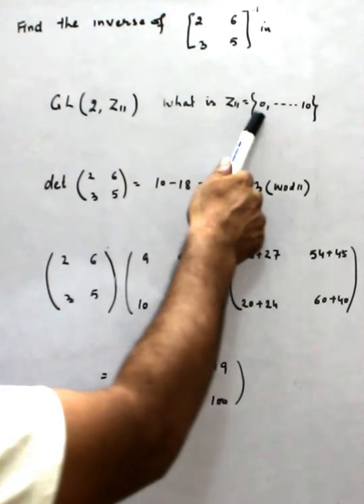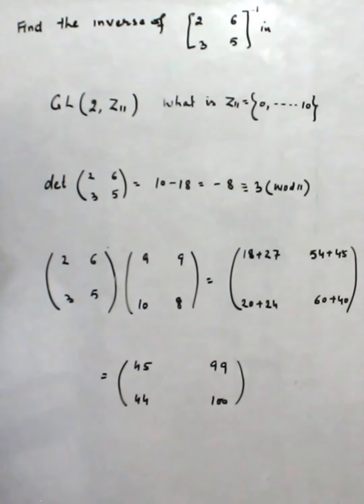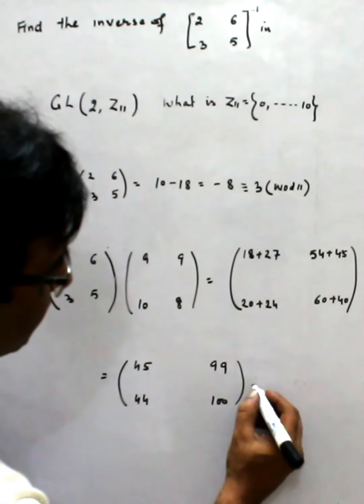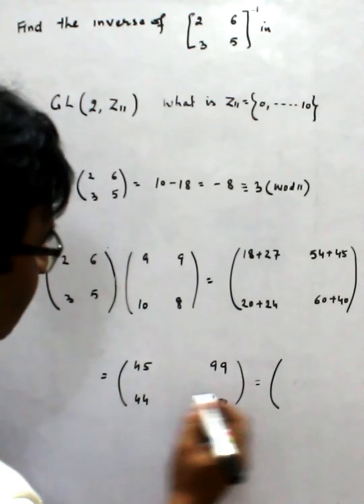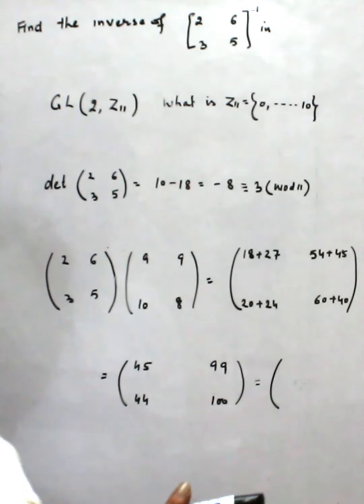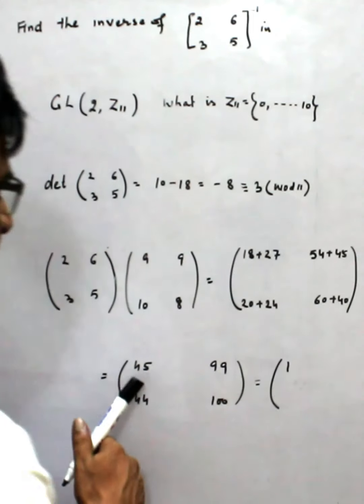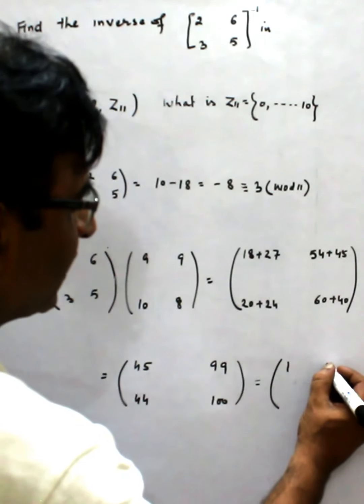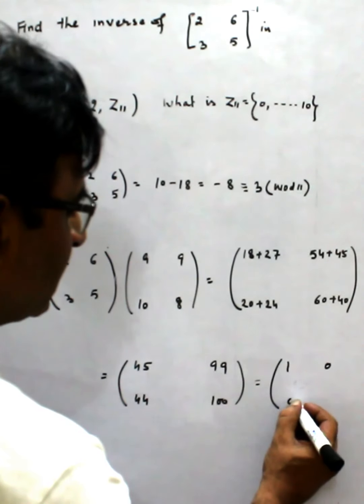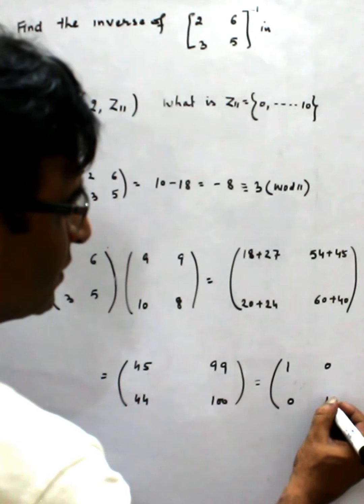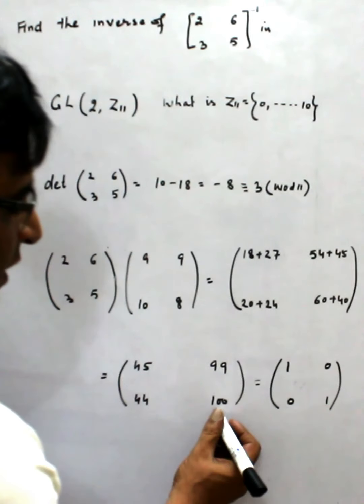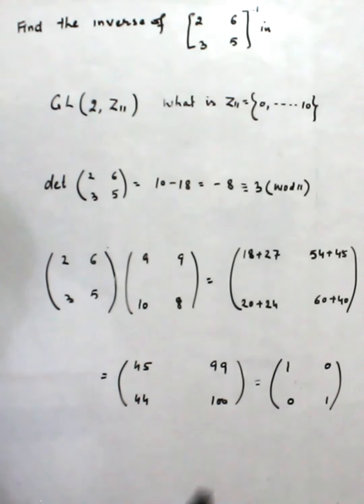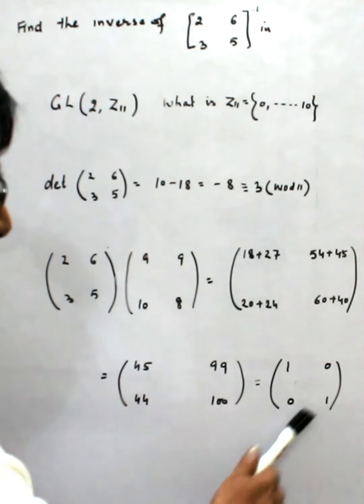These entries are beyond the range, so we reduce modulo 11: 45 is congruent to 1, 99 is divisible by 11 so it is 0, 44 is also 0, and 100 is congruent to 1.